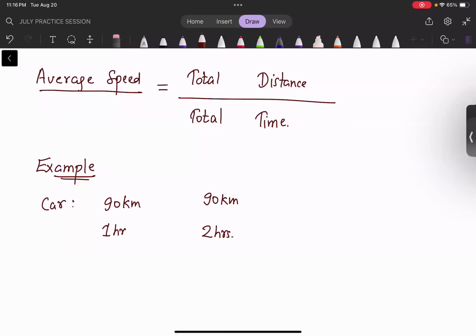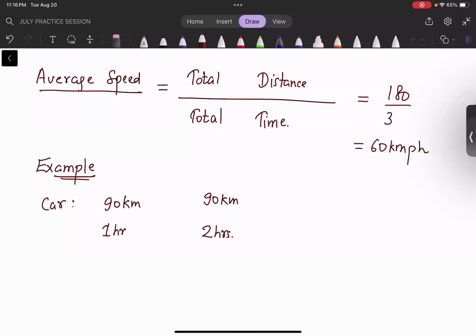What is your average speed? Total distance will be 180, 90 plus 90. And total time is 1 plus 2 hours, that is 3 hours. So 60 kilometer per hour. So 90 plus 90 divided by 1 plus 2.